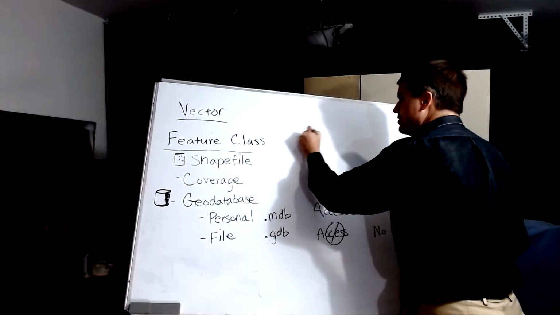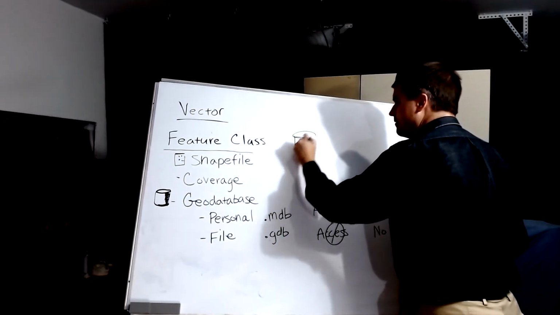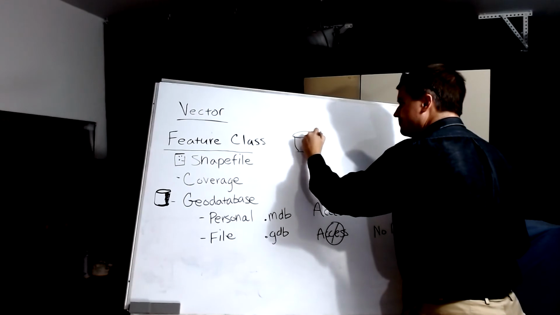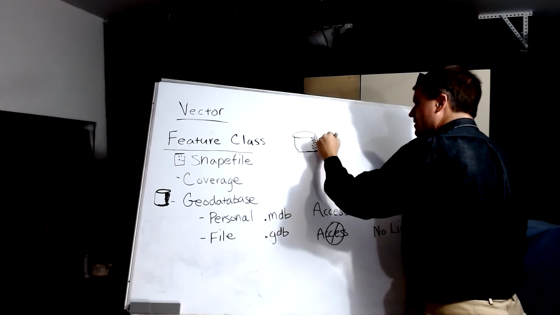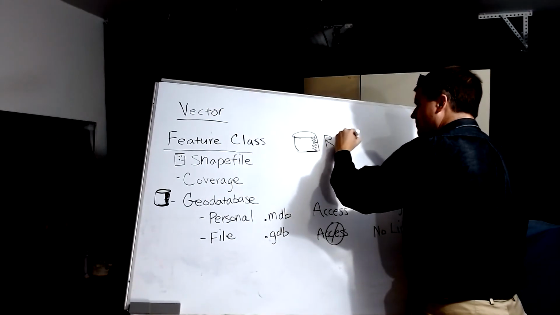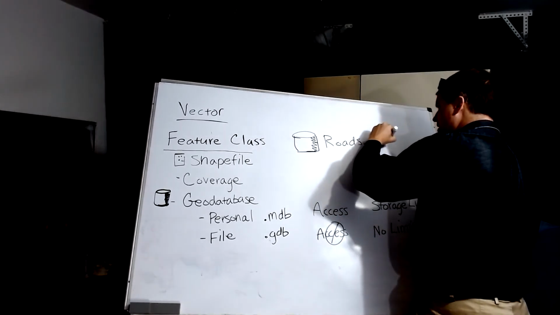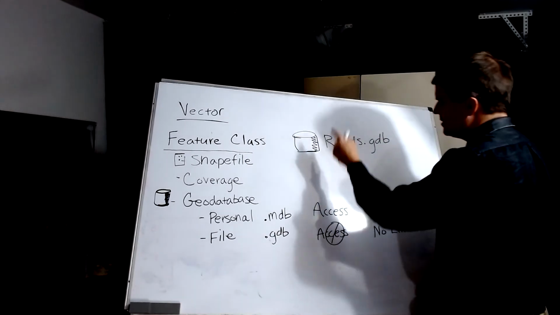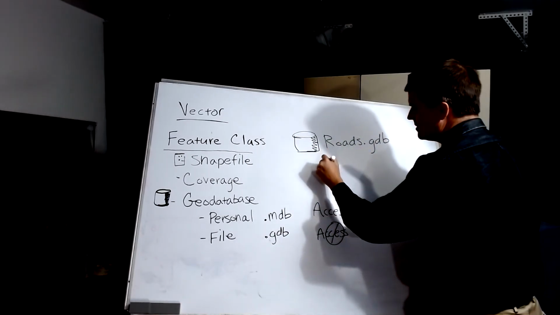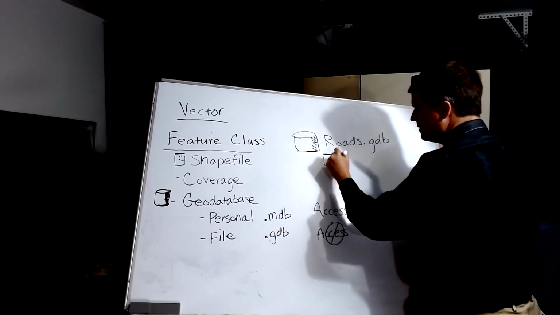And so you would have your geodatabase. It has the symbol. And let's call it roads. So if it was a file geodatabase, you would see roads.gdb. And if I double clicked it, I would then see the feature classes that are inside there, and they have a gray symbol.